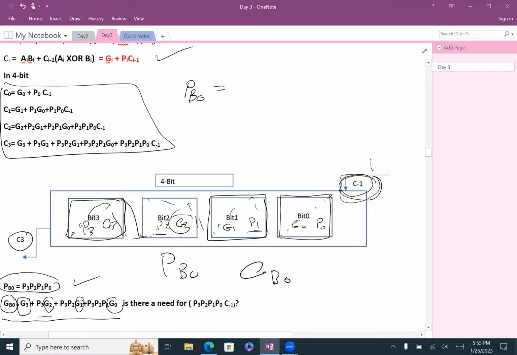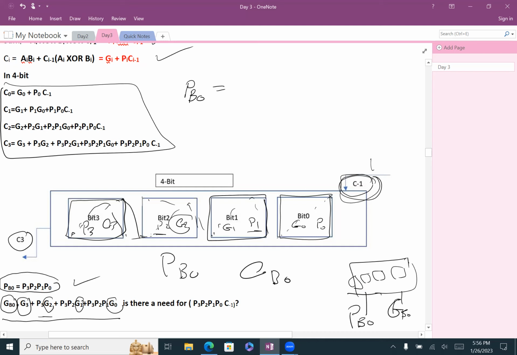Is there any question so far about how to find the GB0? That's for the first block. Remember, we have 4, and each one has 4 bits. So in this case, what's our output here? It's the GB0 and BB0.